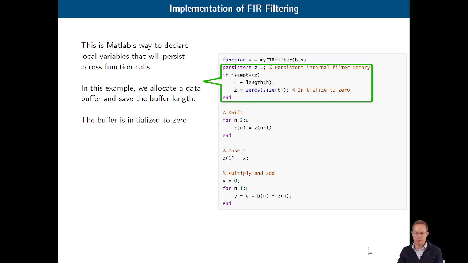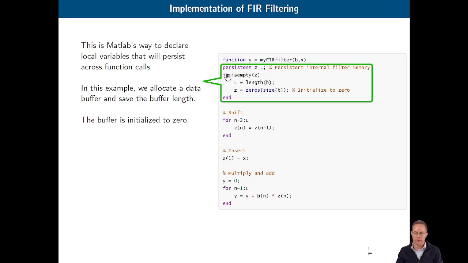So Matlab has this built-in capability for persistence of variables on subsequent function calls. So if you declare these variables as persistent, we'll have an array called Z, which is the data buffer, the data array, and L, which is the length of that array.